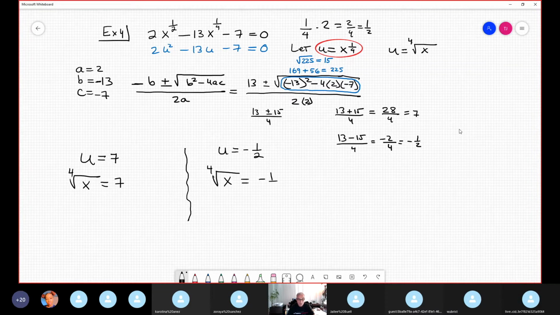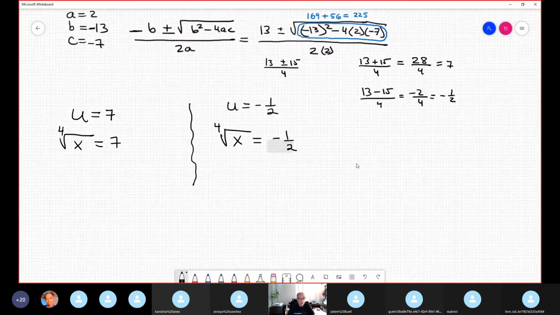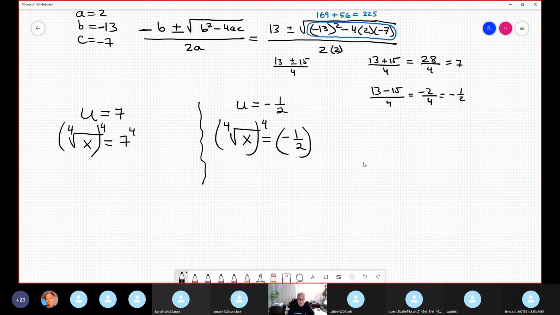Equal negative 1/2. Well, the professor explained that for solving any radical equation, you raise to a power similar to the index of the radical. If the index is 4, you raise to the 4th power, because the key idea is to destroy this radical somehow.